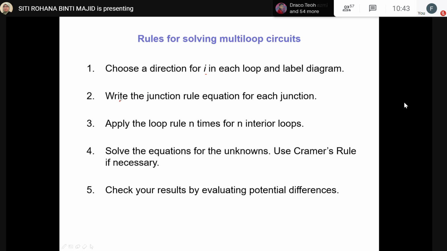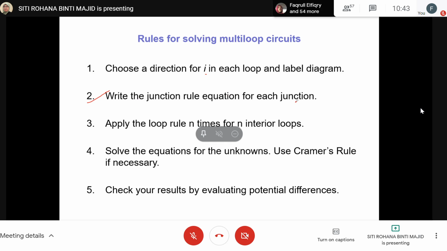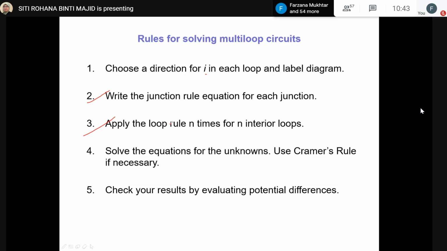Then you start by writing the junction rules equation for each junction. And also you can apply loop rules depending on how many loops, and also interior loops that are present in the question. And then number 4, you solve the equation for the unknown.